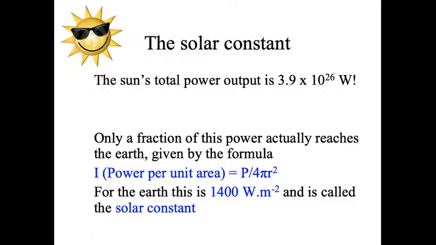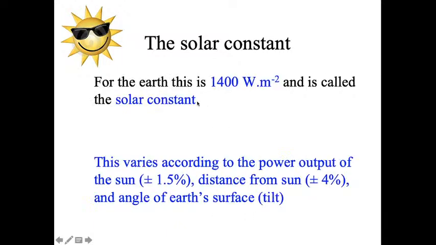So for the Earth, we're only getting 1,400 watts per meter squared. That's our solar constant here on Earth. So this solar constant you don't need to memorize, but you do have to understand what it means and how you can use it to solve problems.